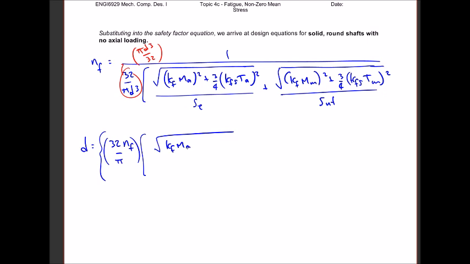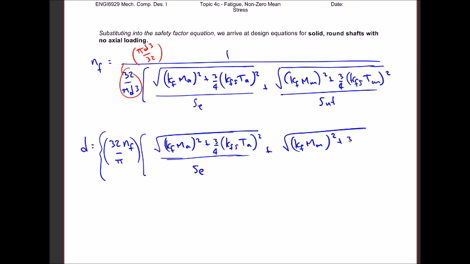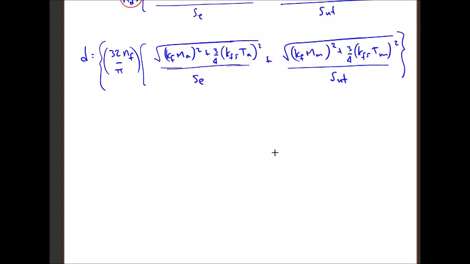I got the KF Ma squared plus 3/4 KFS Ta all squared over SE plus KF times the mean moment squared plus 3/4 KFS times the mean torque squared, and that was all over SUT. And this is all going to be to the power of 1/3.